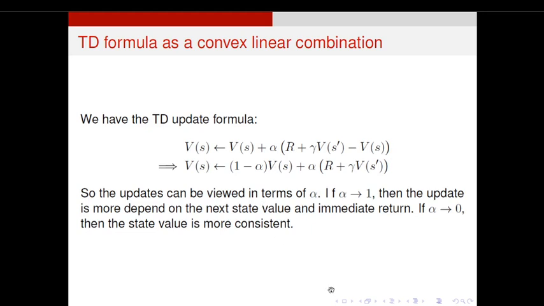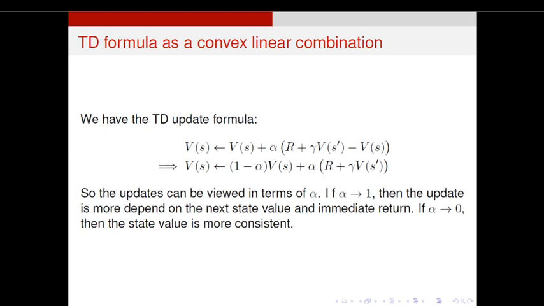In simple linear algebra terms, the TD update formula is a convex linear combination of the current state value and its unbiased estimate. This unbiased estimate is the immediate return plus gamma, the discount factor, into the next state value.